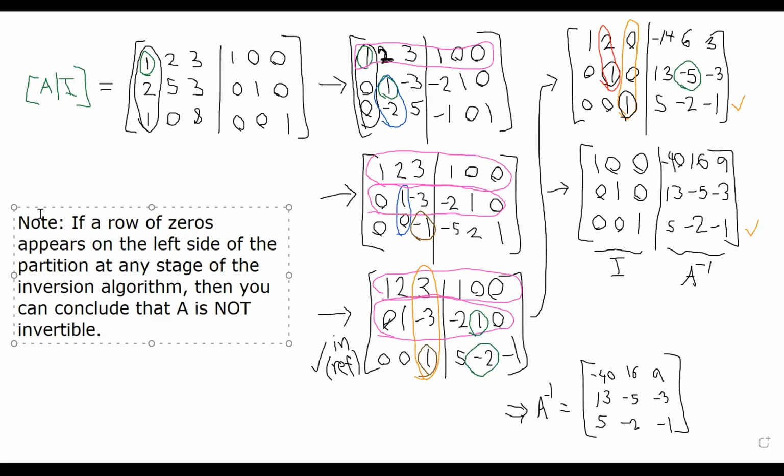Okay, so the reason why you can conclude it's not invertible is because once there is a row of zeros on the left-hand side, that means that it doesn't matter what elementary row operations you perform from then on, you can't get to the identity matrix. It's impossible.